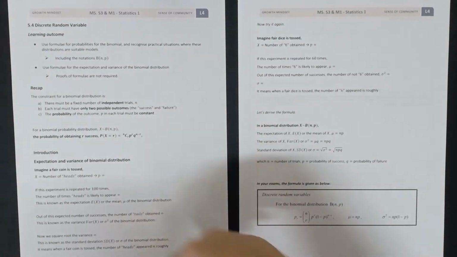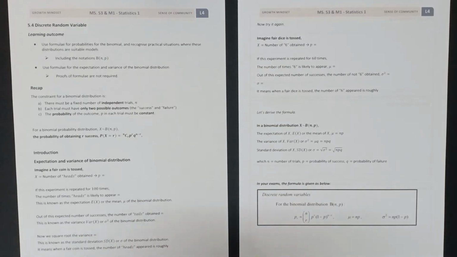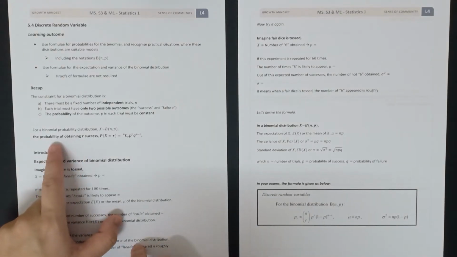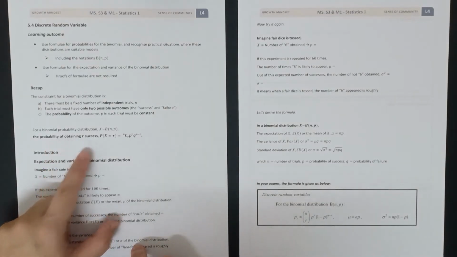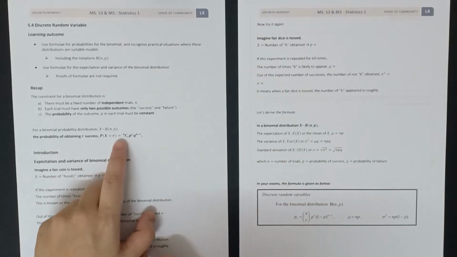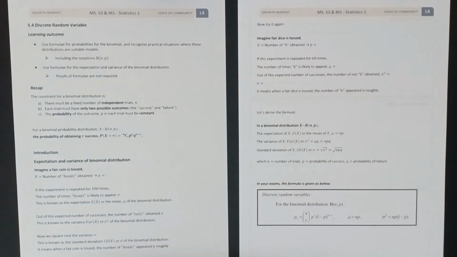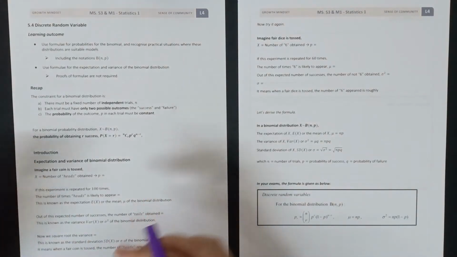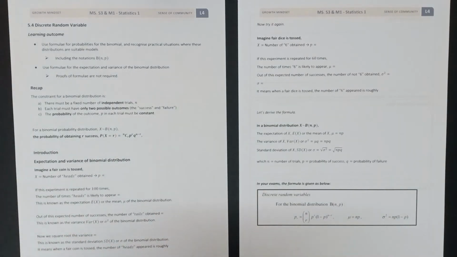Alright, okay, so just a recap. In the last lesson, we learned the probability of getting r successes in a binomial distribution, which uses nCr, then p to the power r, then q to the power n minus r. I hope you are familiar with this formula.